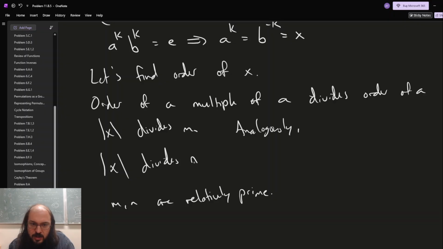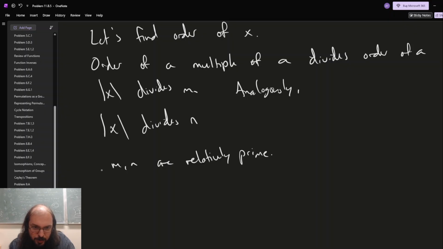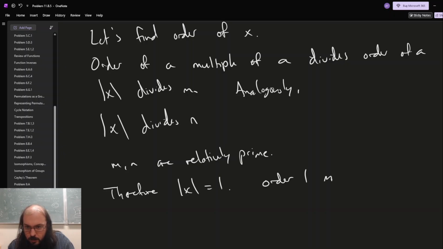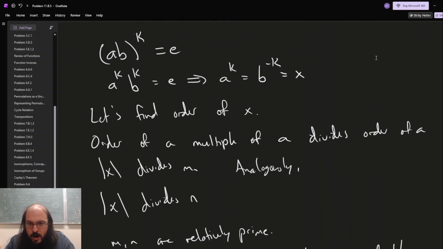That's an issue because the only numbers that can divide M and N are common factors, of which these guys don't have any besides 1. So therefore, X has to be equal to 1. But if X is equal to 1, we're saying X has order 1. Order 1 means identity. Well, let's remember where X came from.